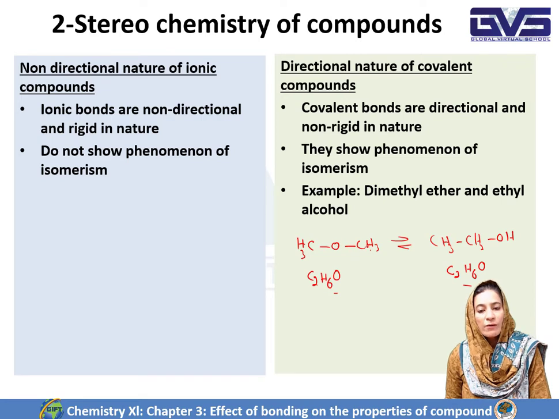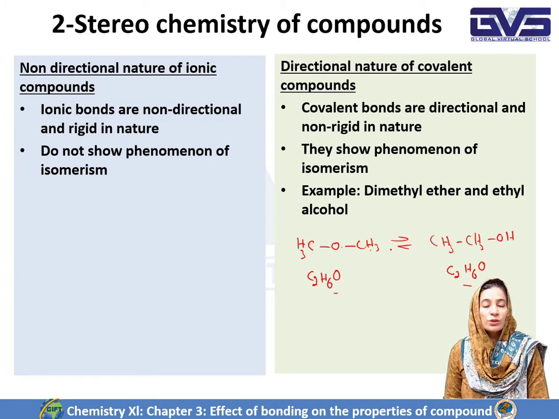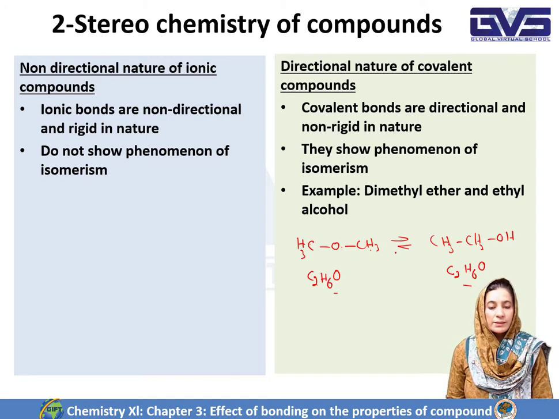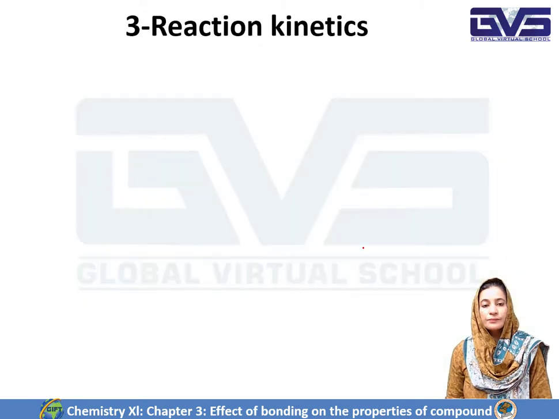If one of the hydrogens comes here and CH2 forms a bond with CH3, then ethanol is formed. So this is just a rearrangement of the bonds. So these are non-rigid and directional. That's why they show the process of isomerism, while ionic compounds do not show isomerism.